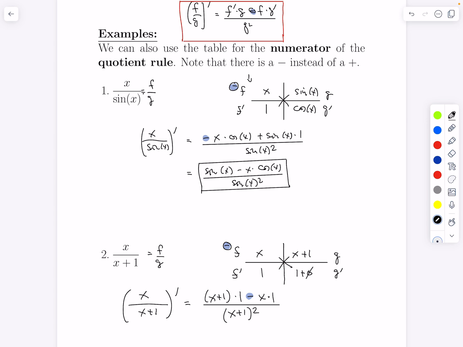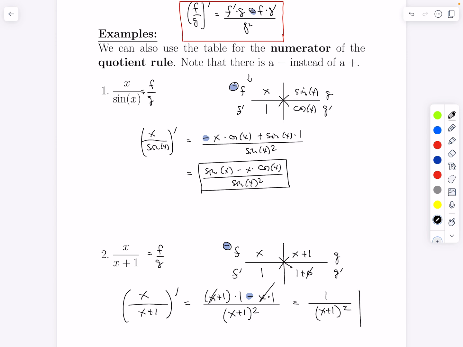So what do we get? We multiply out. So x plus 1 minus x. X goes away. So it's 1 over x plus 1 squared. Okay.